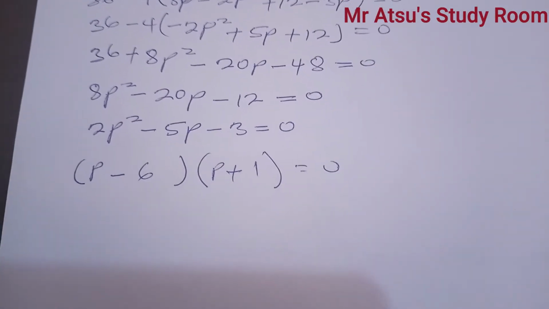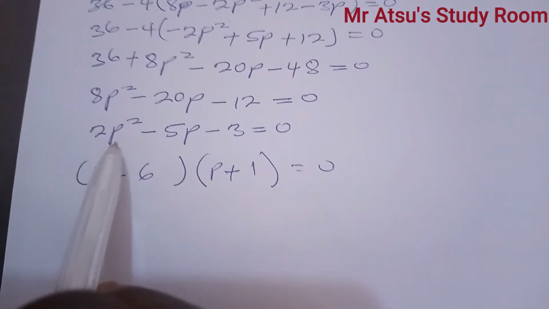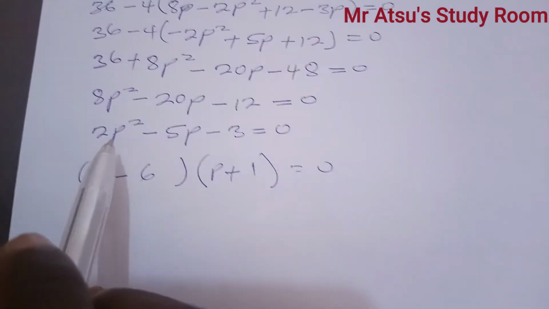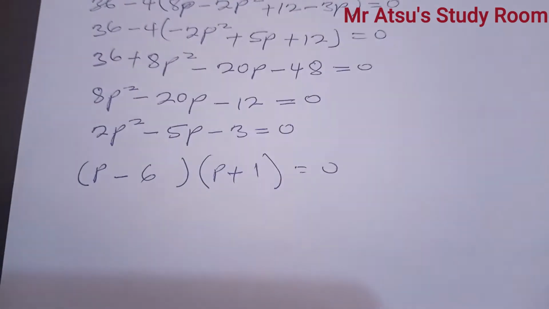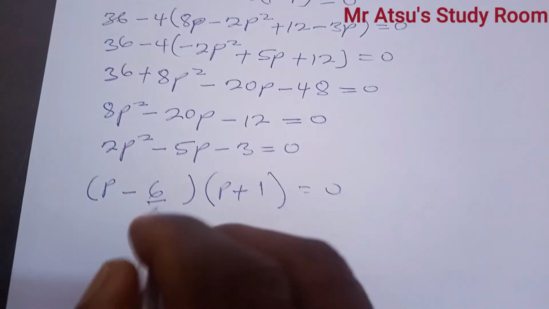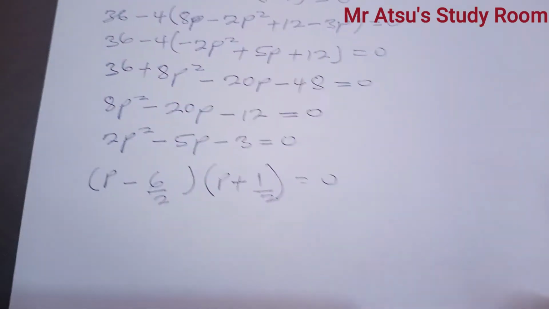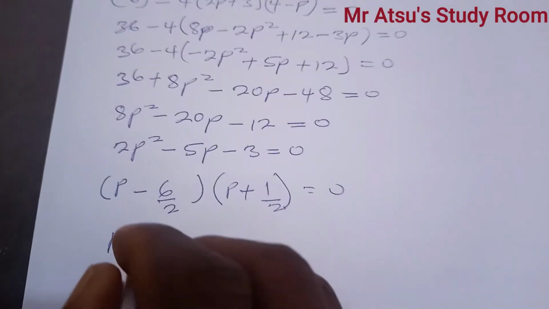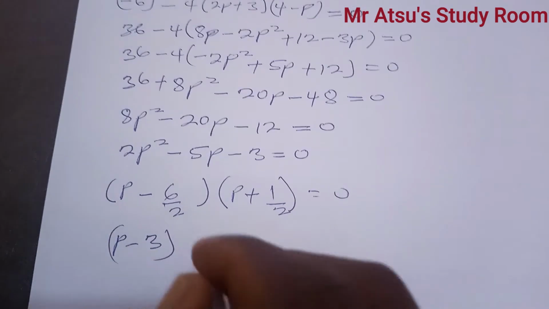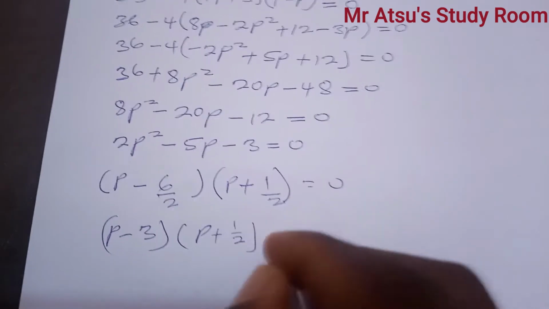But that is not all, because the A is 2, it is not 1. We have to divide the second terms of each factor by the 2. So here over 2, here over 2, which is the coefficient of p squared. And that will give us p minus 3, p plus 1 over 2 equals 0.